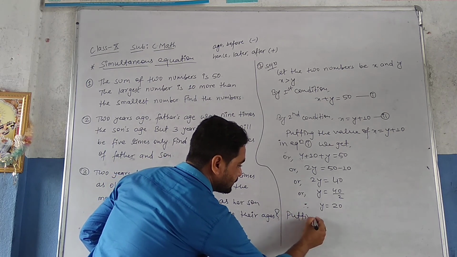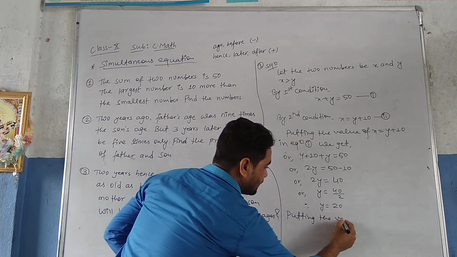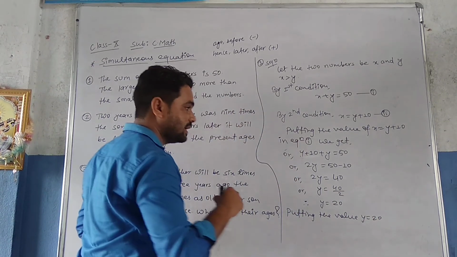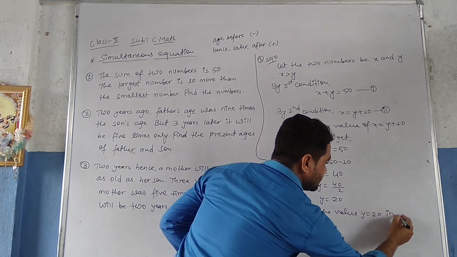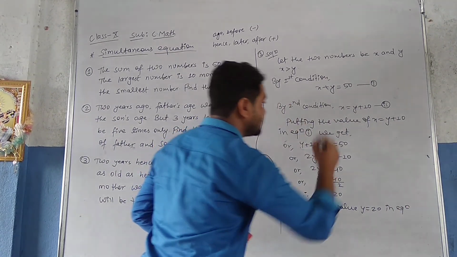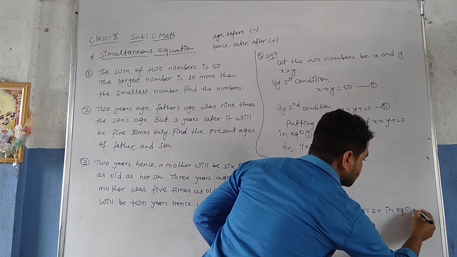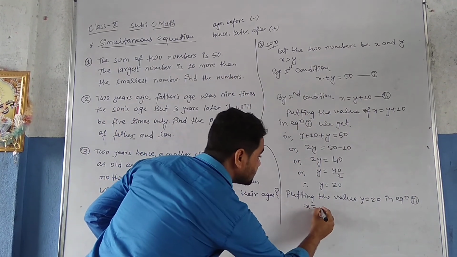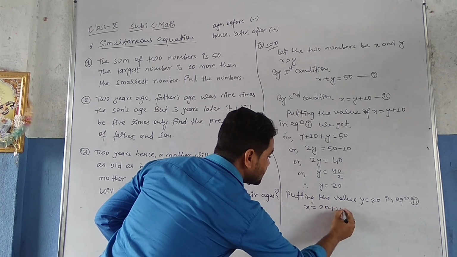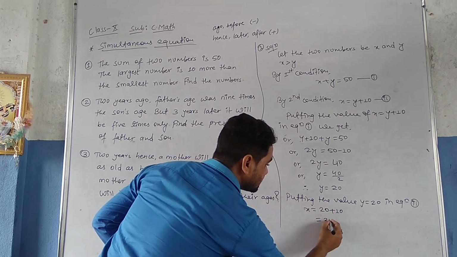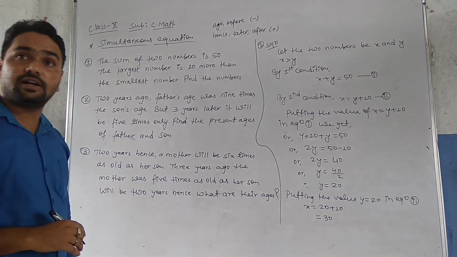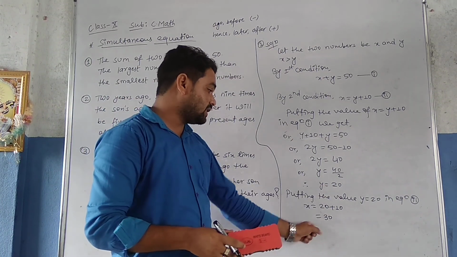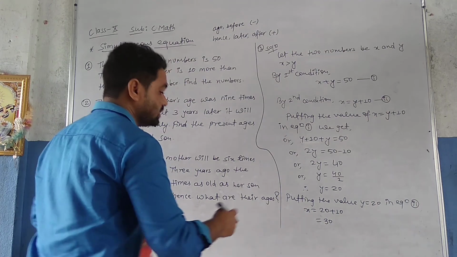Putting the value y equals 20 in the second equation, x equals 20 plus 10. We get 30. That is 30 is the number. So we get the value of x and y: x equals 30 and y equals 20.